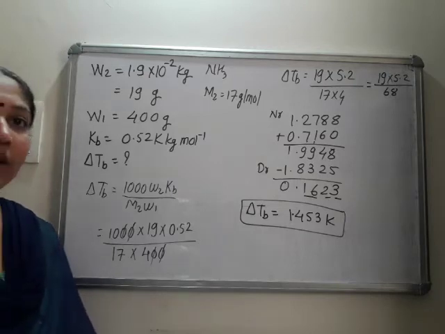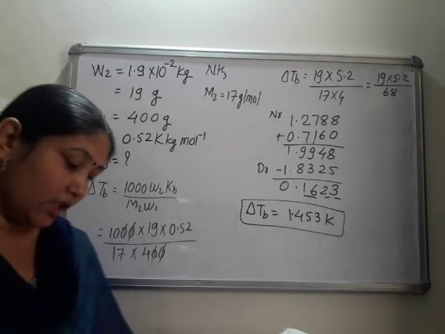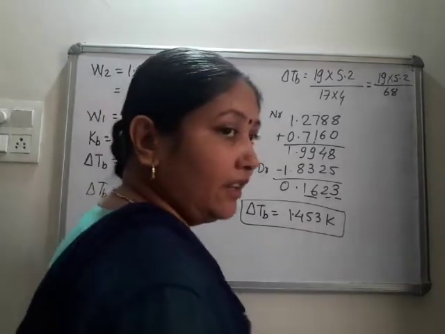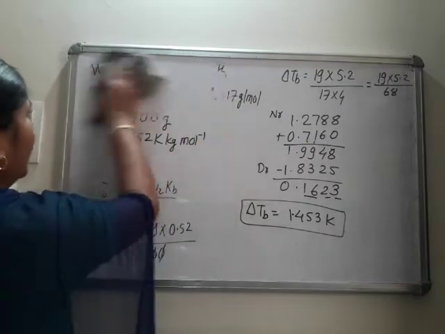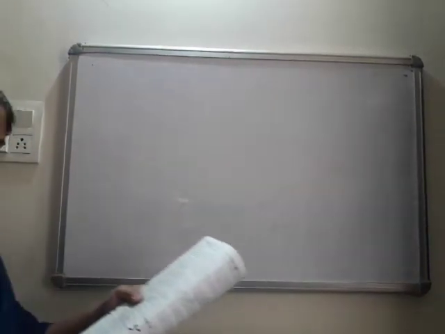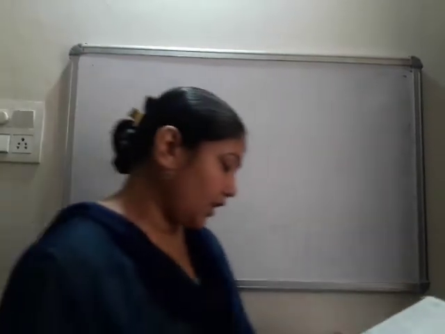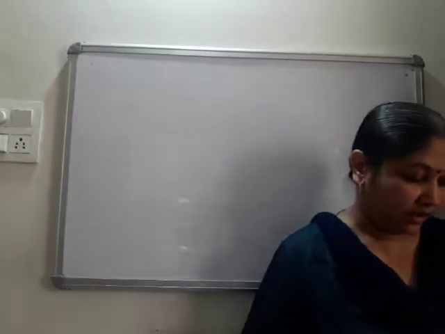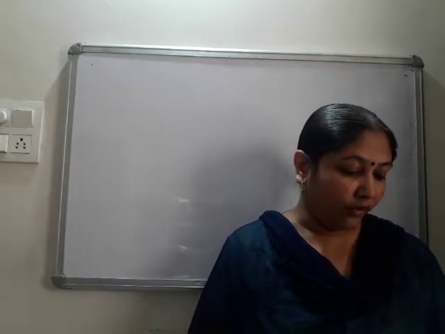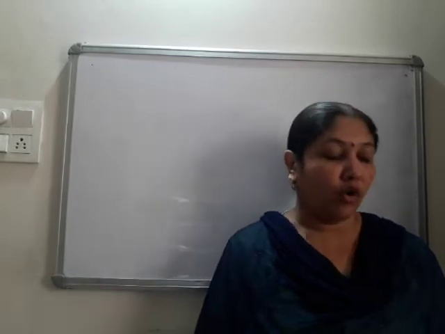It's finished. Next question. Very good question. Next question is, put a star mark. 3.795 gram of sulfur is dissolved in 100 gram of CS2, carbon disulfide.